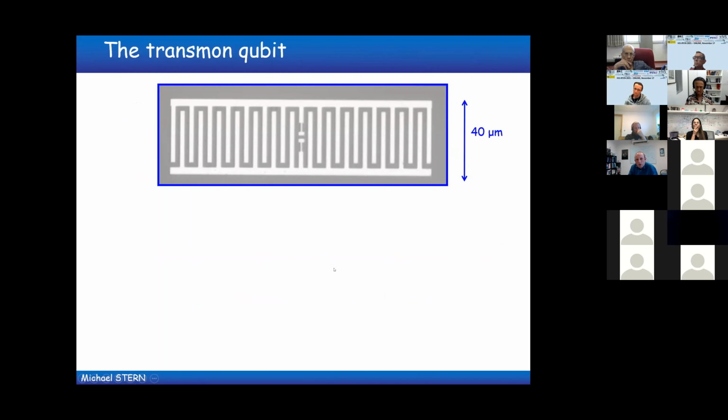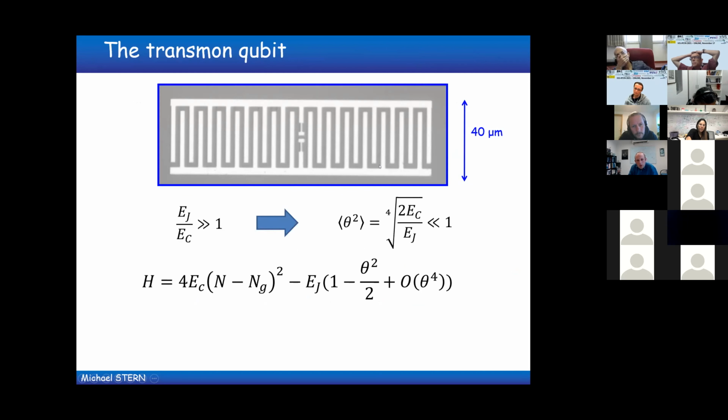The transmon qubit, because it's the most popular today, consists of a big interdigitated capacitor, one in front of the other. In the middle, you have a wire with a Josephson junction. This is a very nice qubit, except that it is very close to being a resonator.